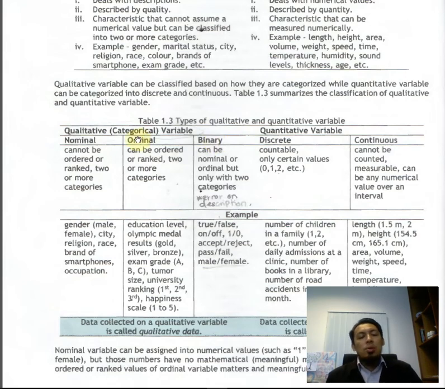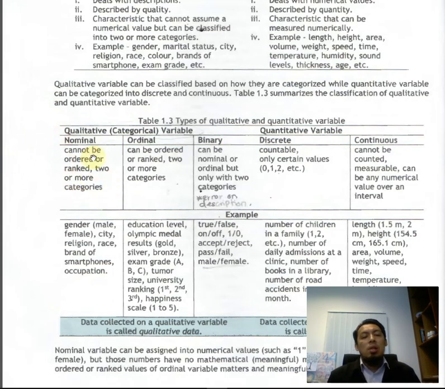Nominal is actually in the form of names. It is known as nominal, so it cannot be ordered or ranked, with two or more categories. This is the description of nominal.